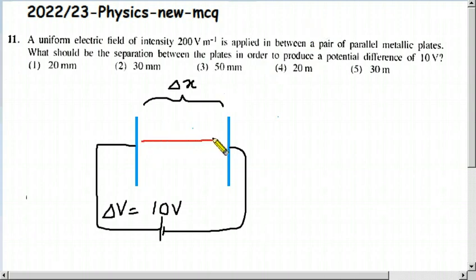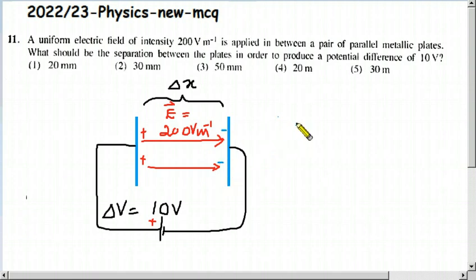The field intensity from positive plate to negative plate, like this, is 200 volts per meter. This is E vector here. So negative charges.